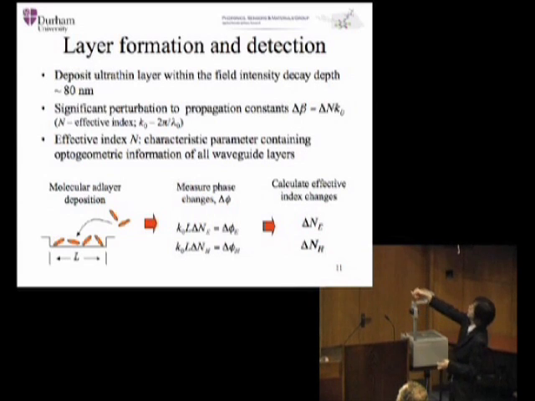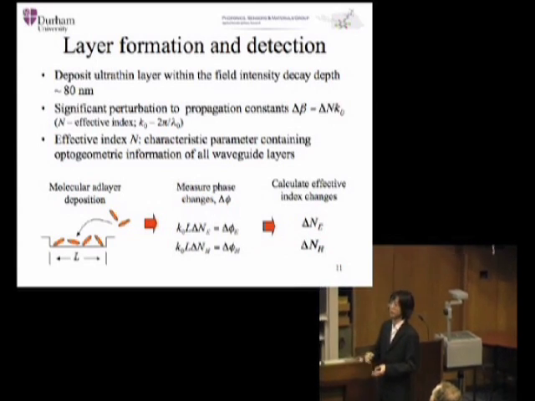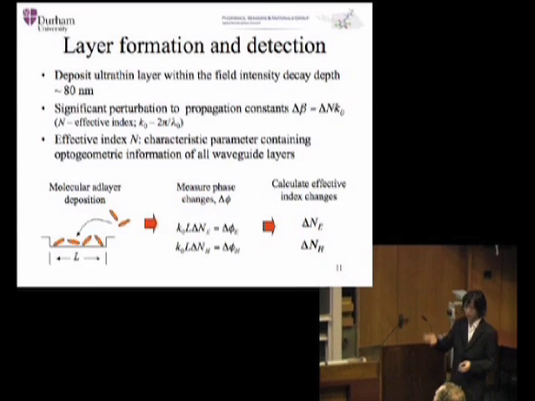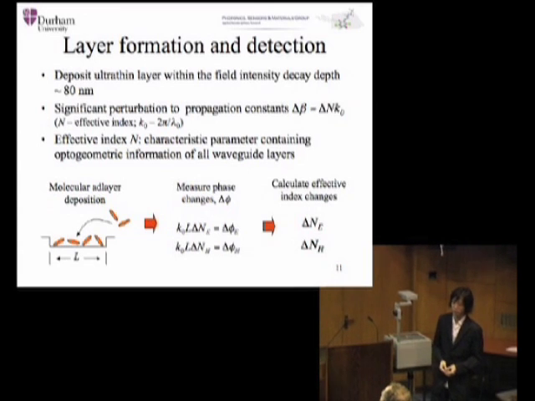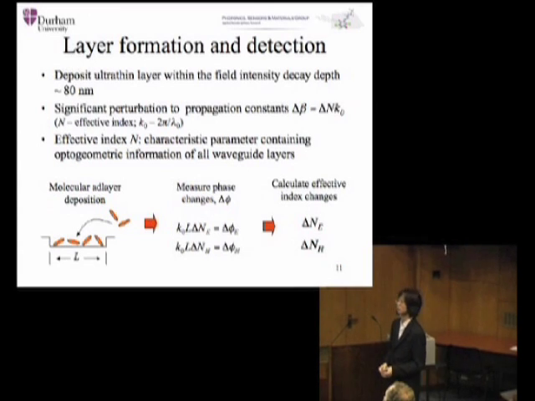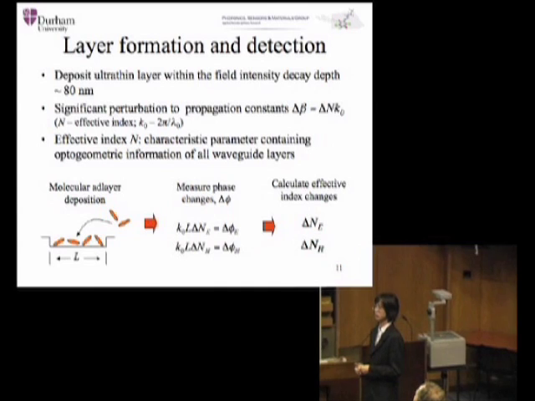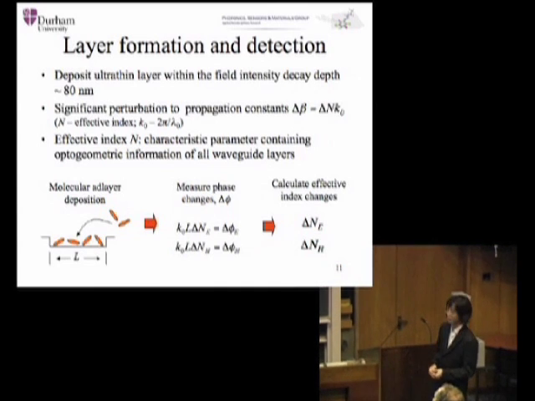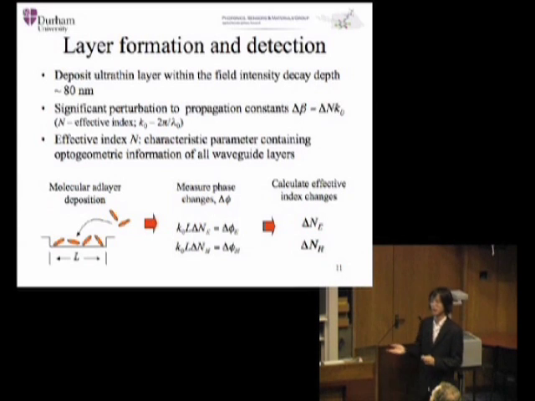So the propagation constant can be written as the multiplication of the effective index and the wave vector. And just bear in mind the effective index of the waveguide is a very characteristic parameter, which can contain all the opto-geometric information for all the waveguide layers. And of course, it's going to include information from molecular assays.